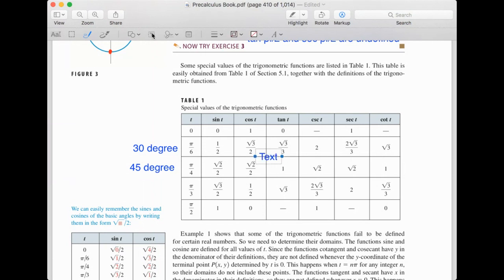Pi over 3 is 60 degrees. Pi over 2 is 90 degrees. Then actually we have pi. I'm going to add another line here, pi. Pi is 180 degrees.